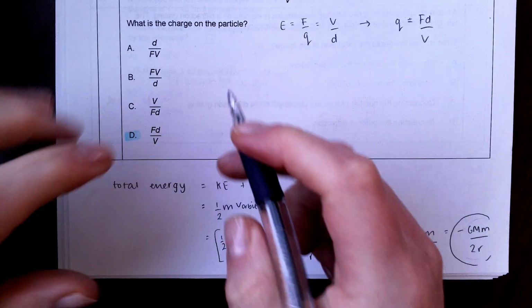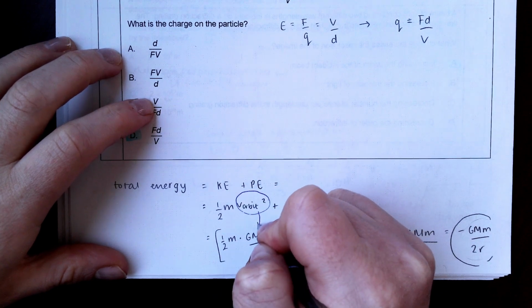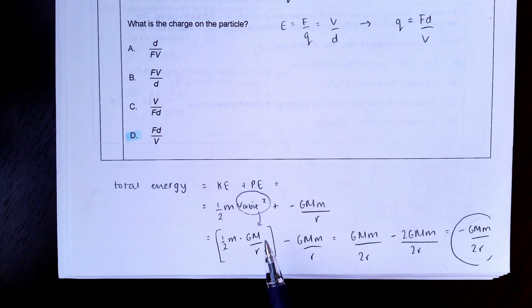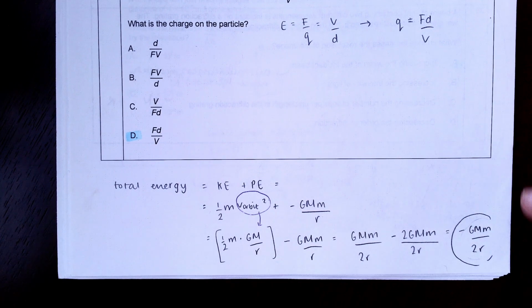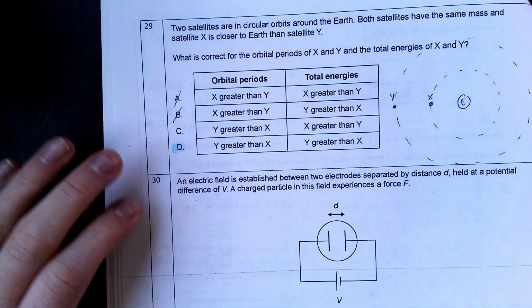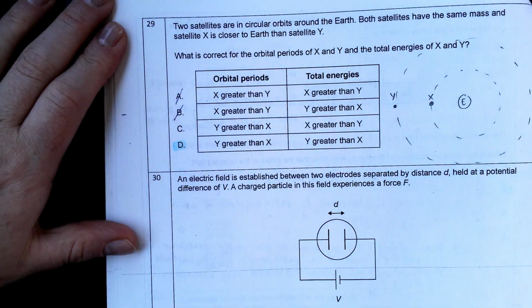So then it's just algebra. I can see my total energy of an object in orbit is equal to minus GMm over 2r. And this expression is my total energy, so that's my second column that I'm looking for.